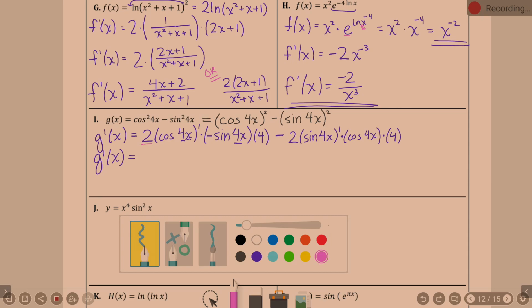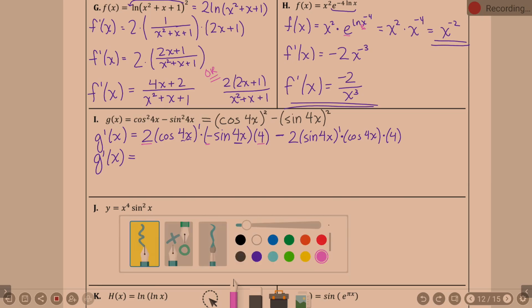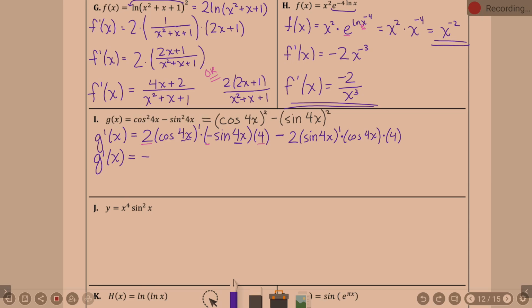I see a 2 and a 4 and a negative that I'm going to multiply to put out front as my coefficient. Are we okay with that? Because that's like a negative 1 there. So 2 times 4 times the negative is going to make that negative 8. And then what are my other pieces? Cosine 4x, sine 4x. Okay?